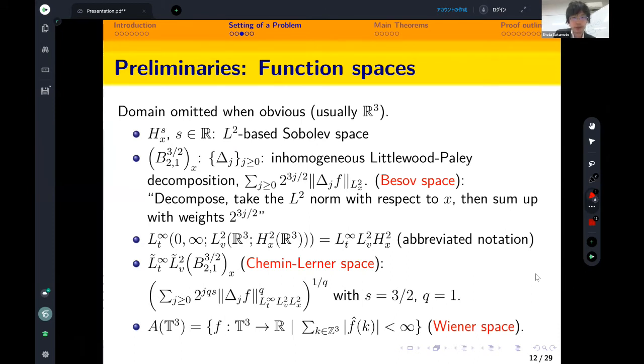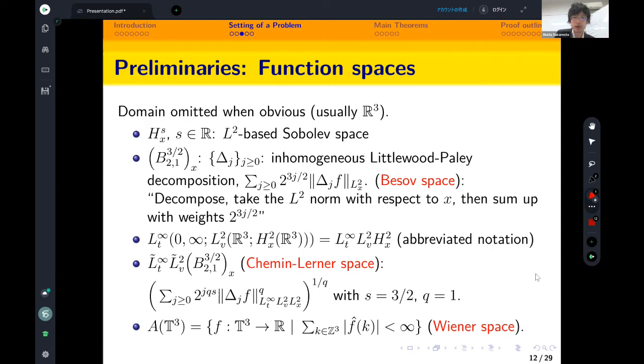Probably we do not need an explanation about this. And B^{3/2} is the inhomogeneous Besov space. For the definition, we employ the inhomogeneous Littlewood-Paley decomposition.